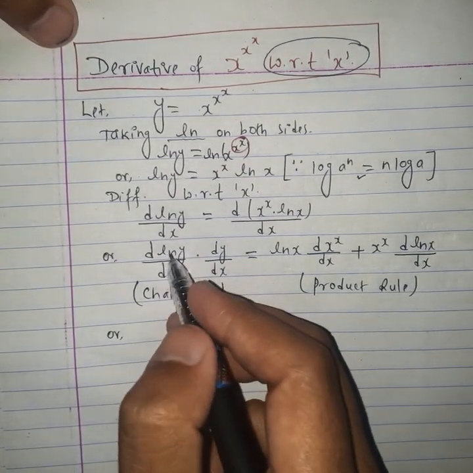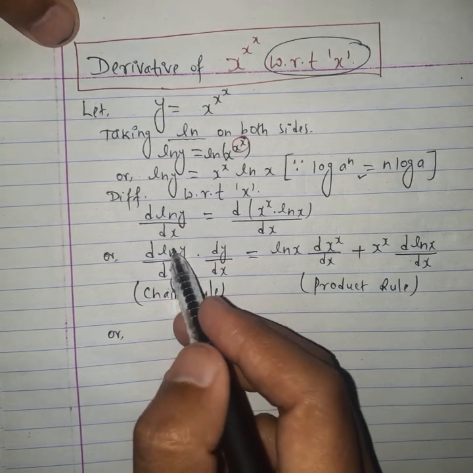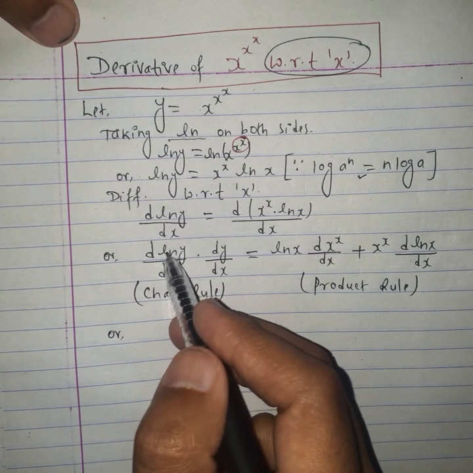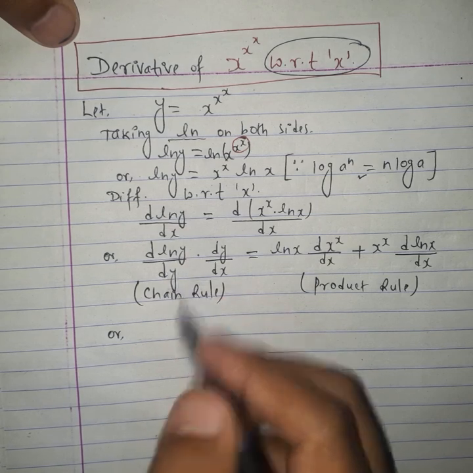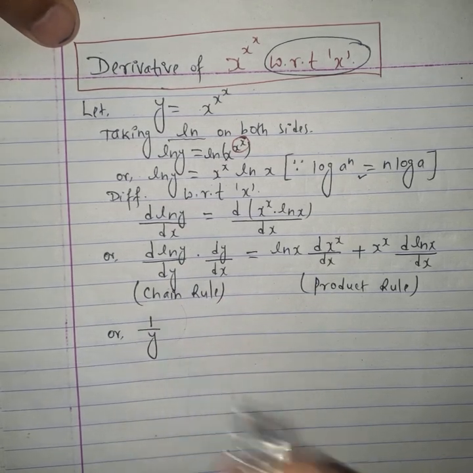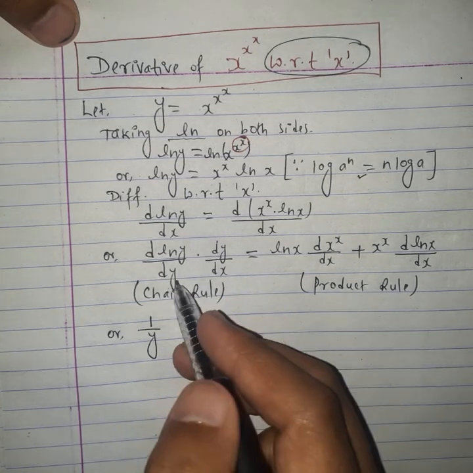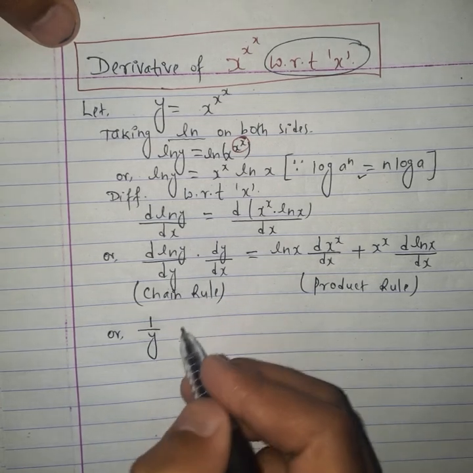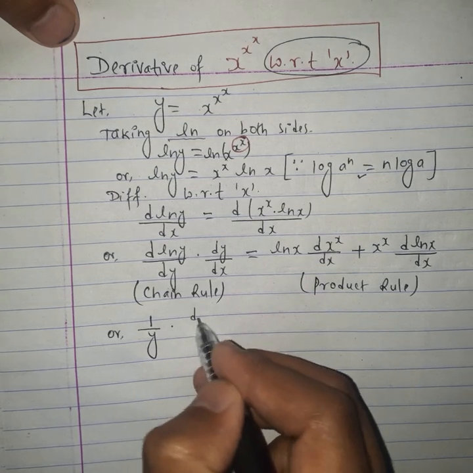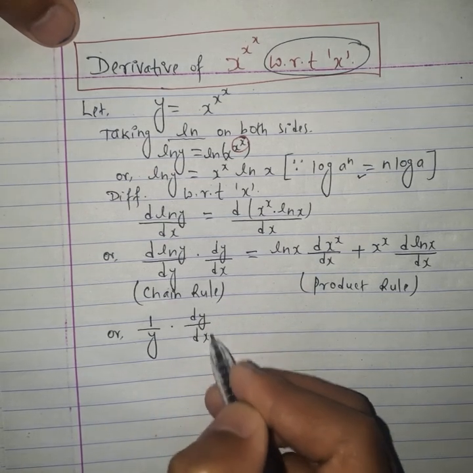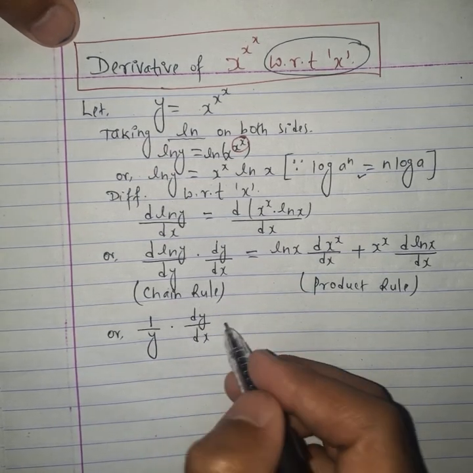Let's simplify it. Please remember this very important point: the derivative of ln y with respect to y is just 1 over y. It is the formula. According to the formula, the derivative of ln y with respect to y is just 1 over y, times dy over dx. Our target is to calculate dy over dx.